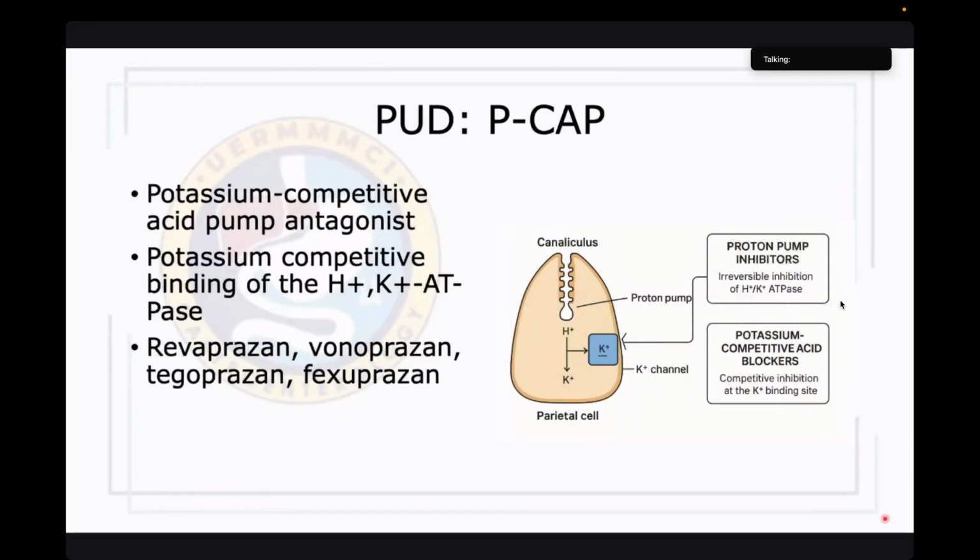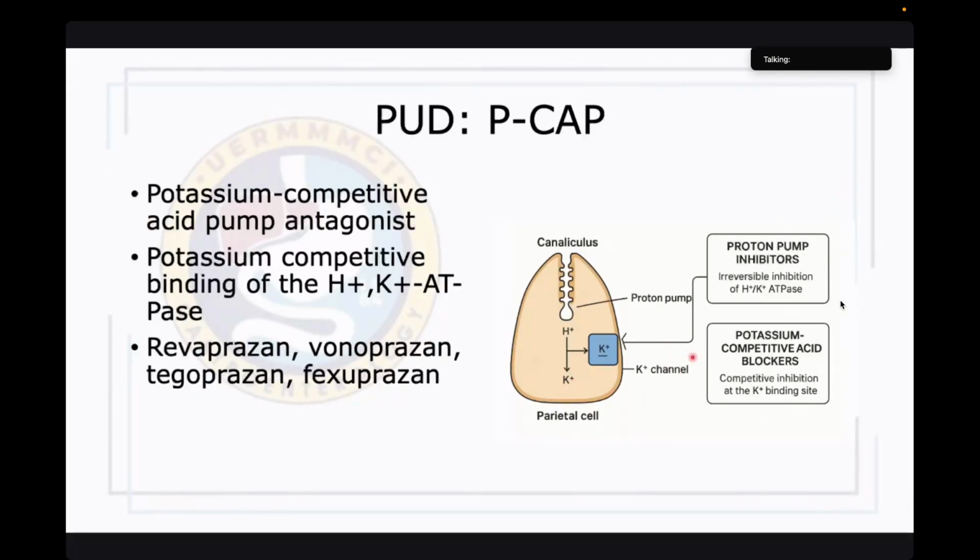Next are the potassium competitive acid pump antagonists, or PCAPs, or simply potassium channel blockers. This is the newest class of acid neutralizing drugs. Their mechanism is somewhat similar to PPIs because they also block the hydrogen potassium ATPase in the parietal cell. But unlike the PPIs, they do so by competing with potassium ions at the binding site.